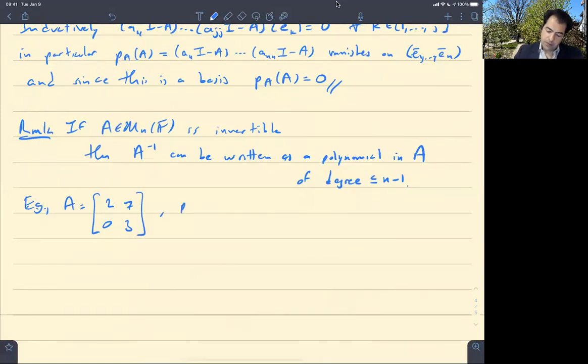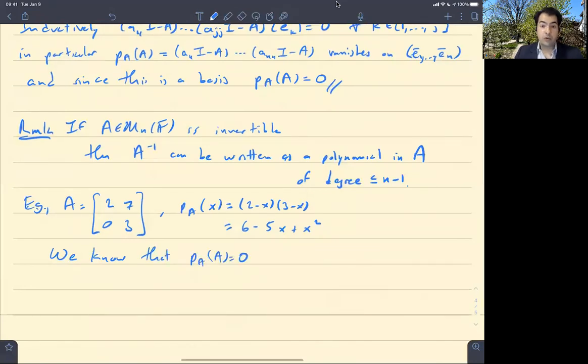In this case, the characteristic polynomial would be (2 minus x) times (3 minus x), which if you write out is 6 minus 5x plus x squared. Now the Cayley-Hamilton theorem tells us that P_A of A is equal to the zero matrix, which is the same as saying that A squared minus 5A plus 6 times the identity is equal to 0.